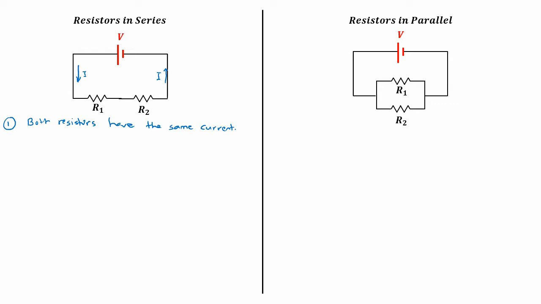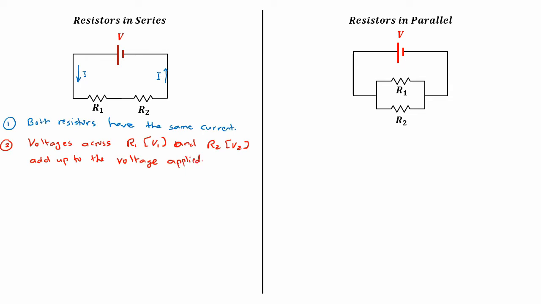The second characteristic is the voltages across R1, which is voltage 1, and R2, which is voltage 2, add up to the voltage applied.